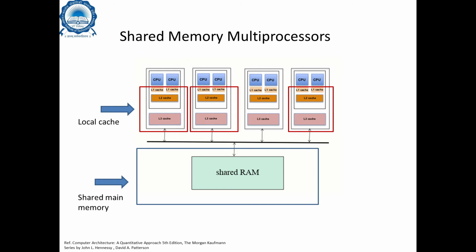You have the CPUs and their local L1 caches. L1 caches are on chip with the CPU, and even L2 in this case is on chip with the CPU, therefore they're all within the same box. And you have the L3 cache, which is off chip. So these are the local caches, and they're all connected through a common memory bus with the shared physical memory, which is RAM.